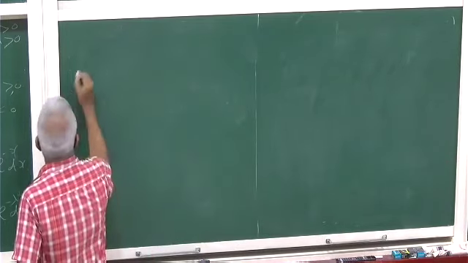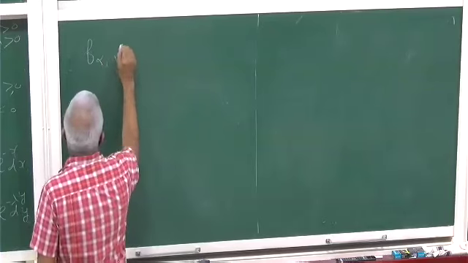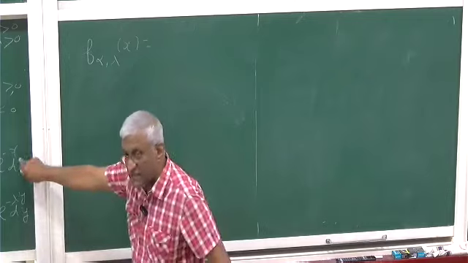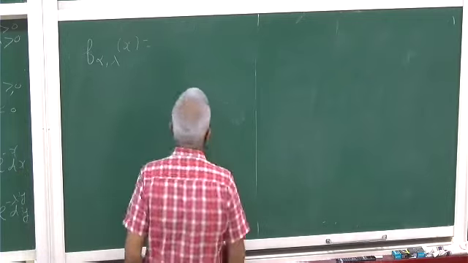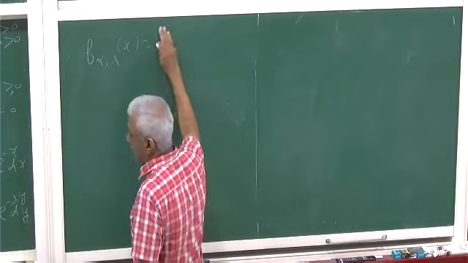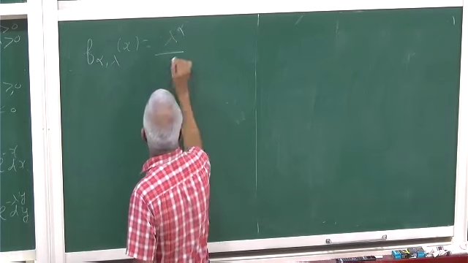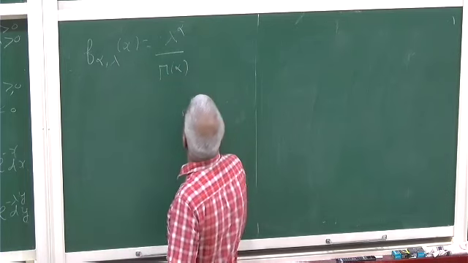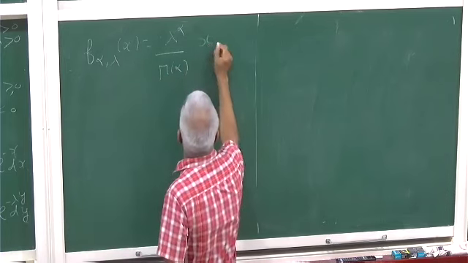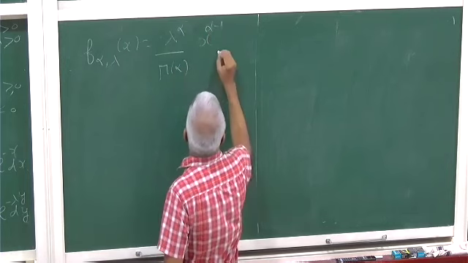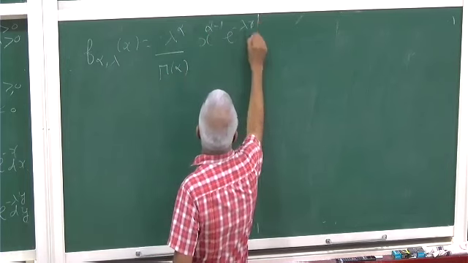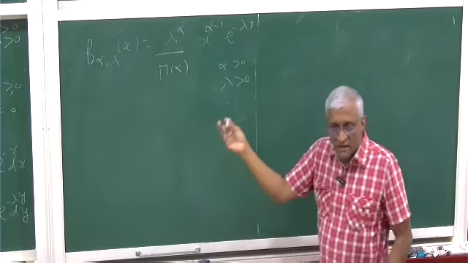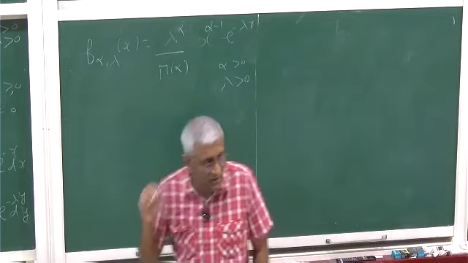Okay. So if you have f of alpha, lambda, x equal to lambda power alpha by gamma alpha times x power alpha minus 1 times e power minus lambda x, where gamma alpha is defined for each alpha like that, this is the density of what is called the gamma distribution.